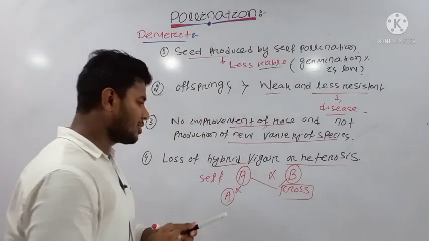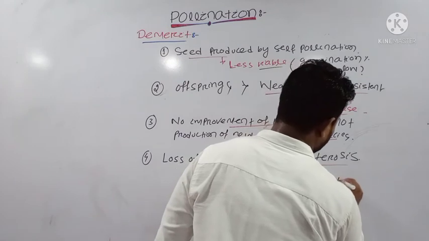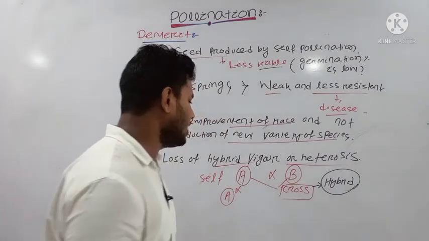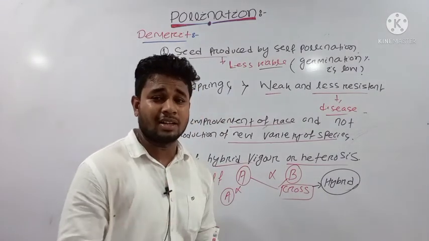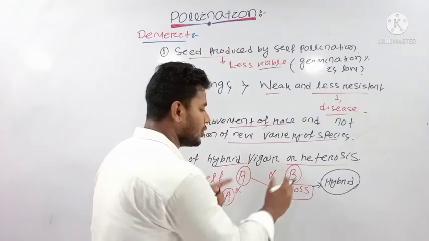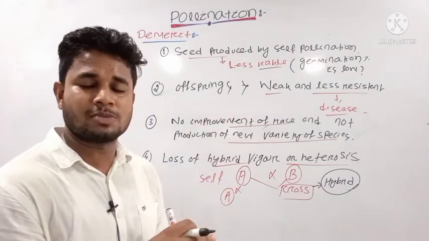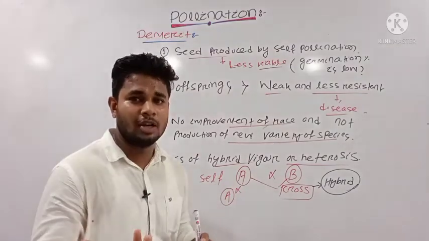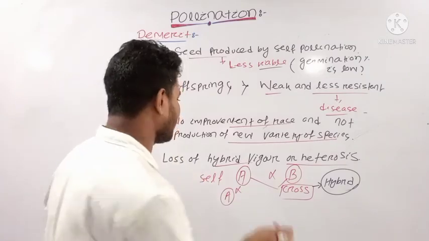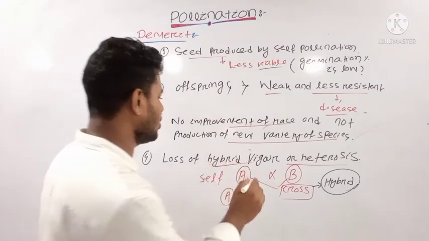When cross pollination occurs, a hybrid is produced, and this improves the characteristics of the plant. That is called hybrid vigor. When we cross two different plants, the offspring produced is more viable, more aggressive, and has more characteristics than the parental plant.